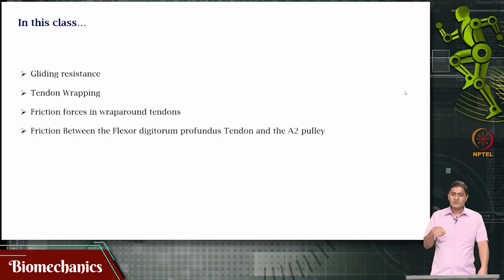Those tendons that wrap around the bone we call wrap around tendons. Using this approach, an experimental measurement of the friction between the flexor digitorum profundus tendon and the A2 pulley of that tendon has been made.